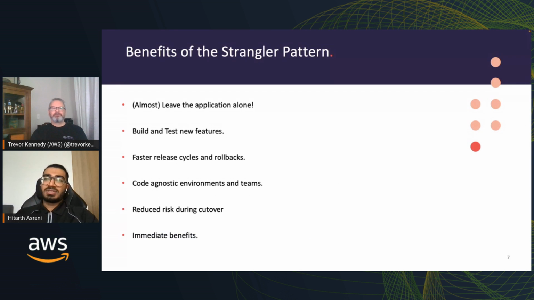Some of the benefits of this approach: you can almost leave the application alone. In some cases, you do need to make smaller changes to your monolithic application so that it works with the newer microservices or newer services that you introduce. Like you mentioned, you're taking a small part of the monolith, and you can either build and test new features around it, or take a small piece off from it one step at a time.